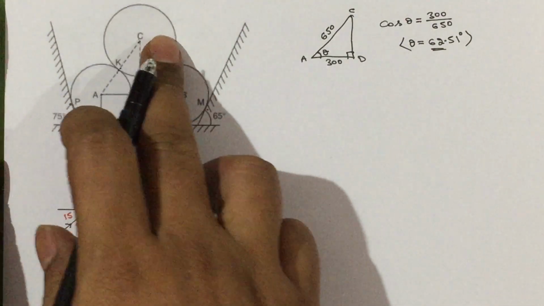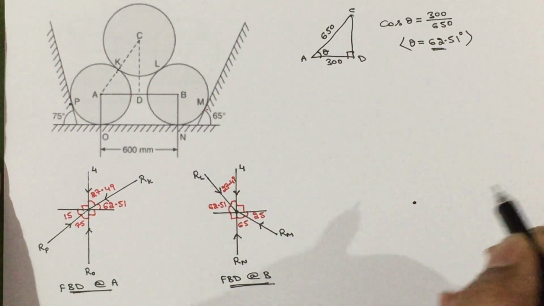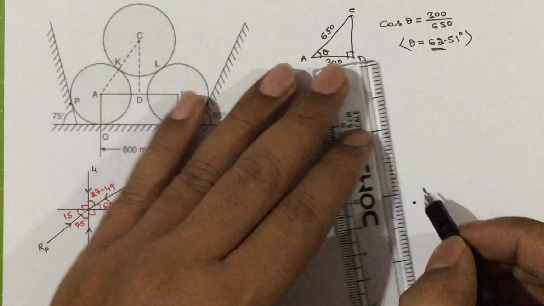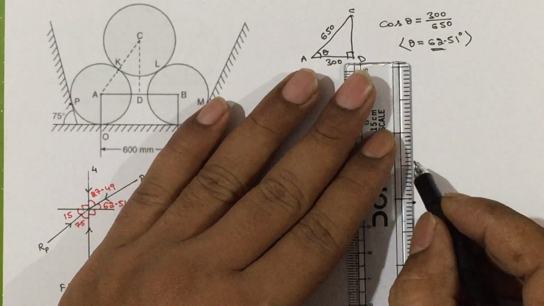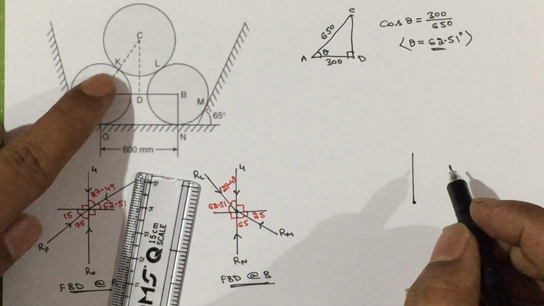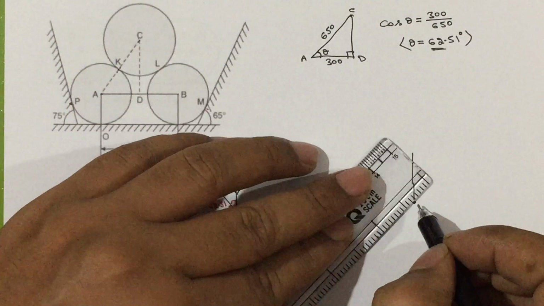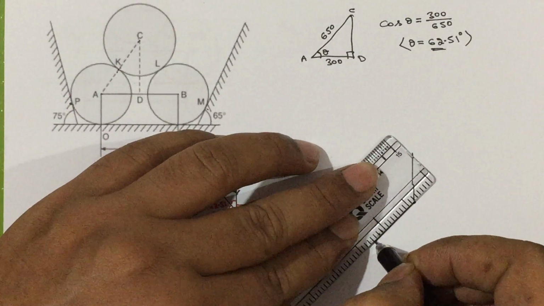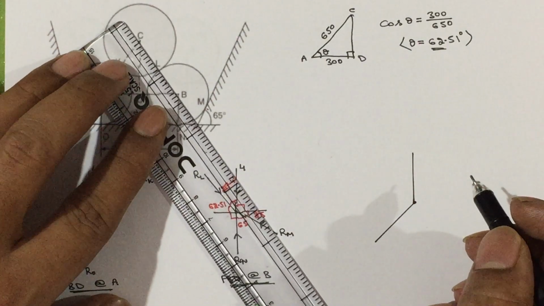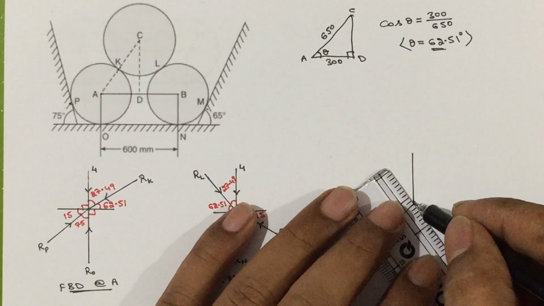Then the third ball C, draw the free body diagram. Just write the point, then write the connected lines. First of all, weight is given by a vertical line. Then this ball is in contact at K as well as L, so from the center to the contact point, draw one line that will become the reaction.